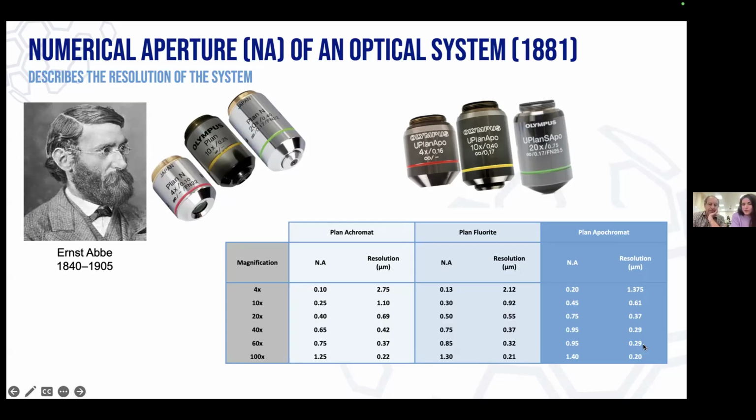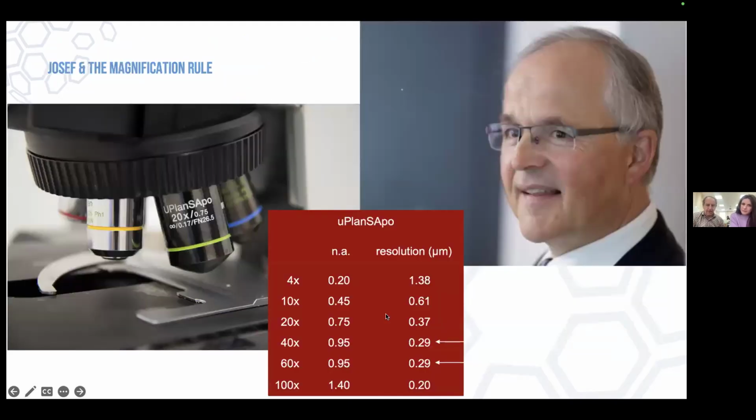So the magnification rule also depends on the quality of the lens. These are plan achromat lenses, plan apochromat, and this is plan achromat, obviously with less resolving power. So it depends on your microscope as well, but this gives you a gradation of staining intensity.